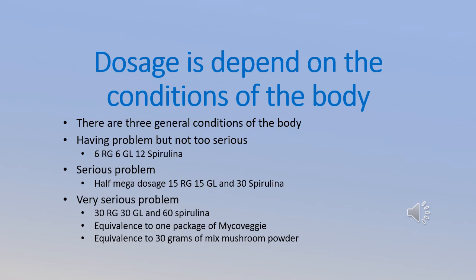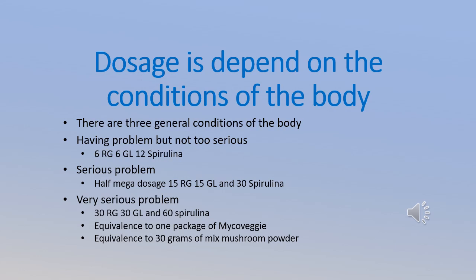We also put all the Rg and GL into packages of micro-VG. One package of micro-VG is equivalent to 30 GL and 30 Rg. Or we can use 30 grams of mixed mushroom powder. We do have mushroom powder. As I say, spirulina is assisting. We put 60 here, but if you feel 60 is too much, you can take 30, up to you.